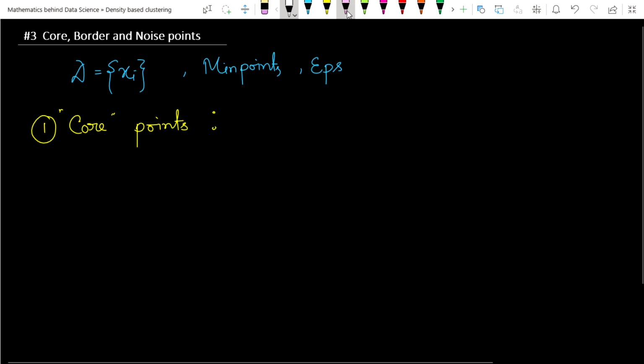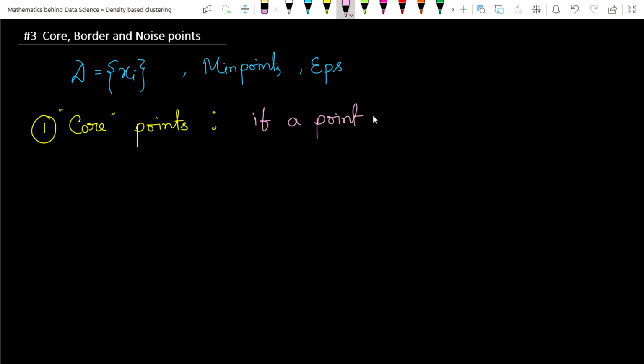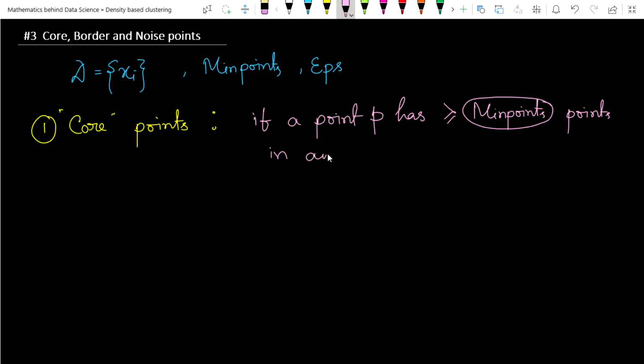So, if a point P has greater than or equal to min points of points in an epsilon radius.